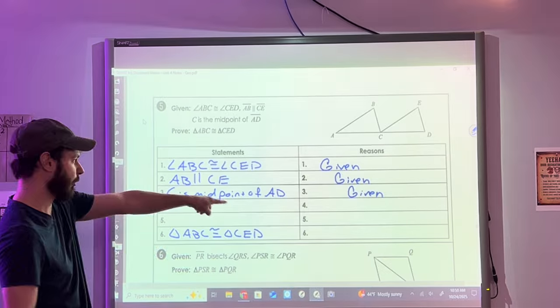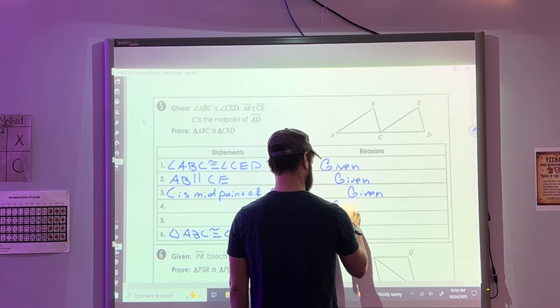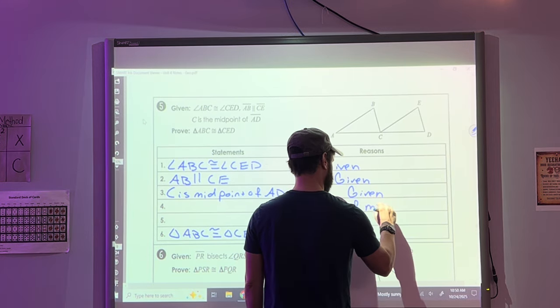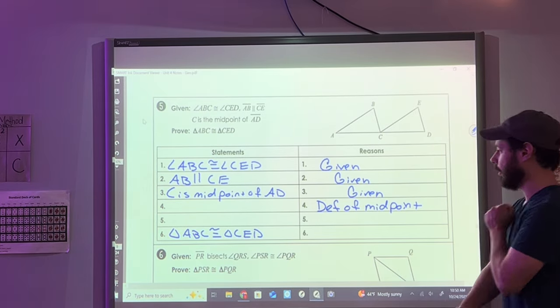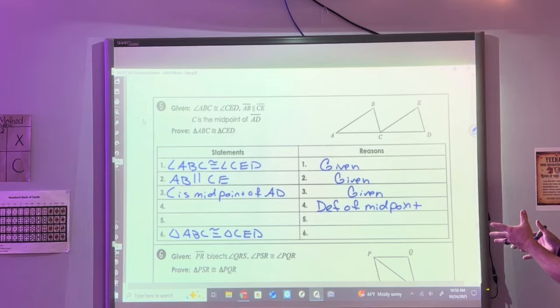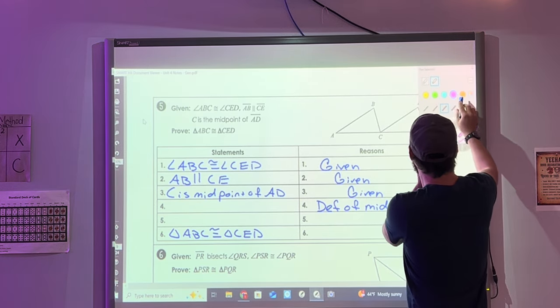I see the word midpoint, so I'm just gonna go ahead and write definition of midpoint. And now all of the free stuff is done. Of the 12 boxes here, I filled in how many of them? 4, 8. That's 2/3 of the way done for free. All right, label the picture.